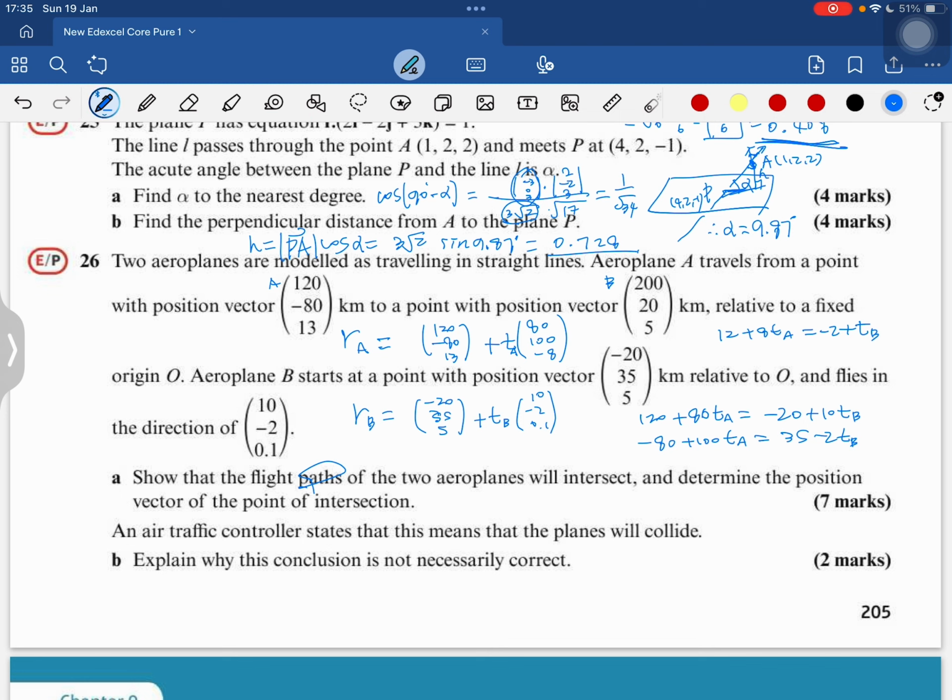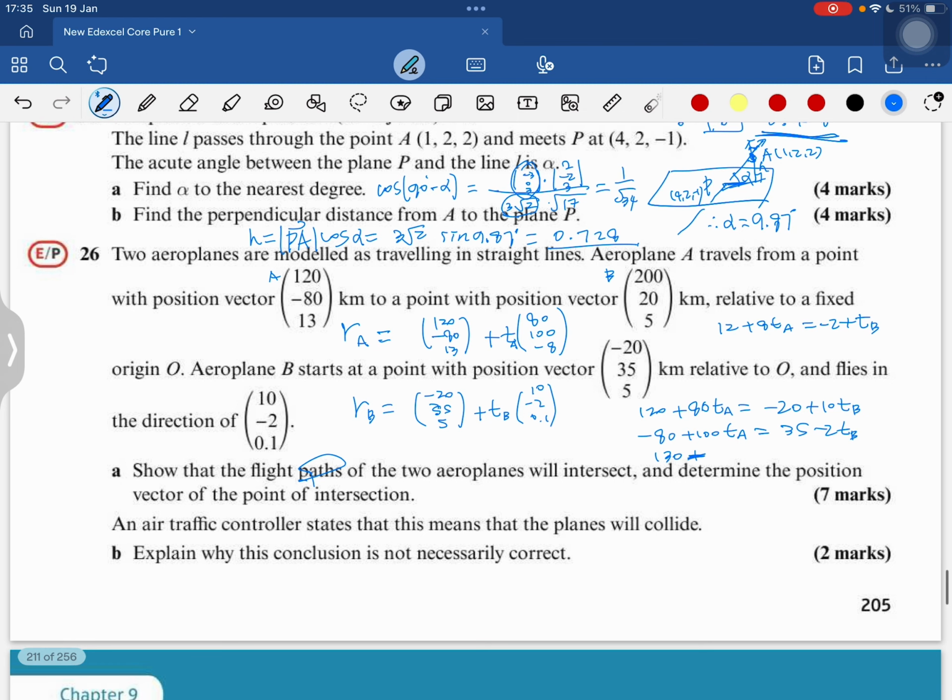So 100 TA minus 2 TB. And the last one, 13, let me make it 130. Negative 80 becomes 50 plus TB. So this is the one.